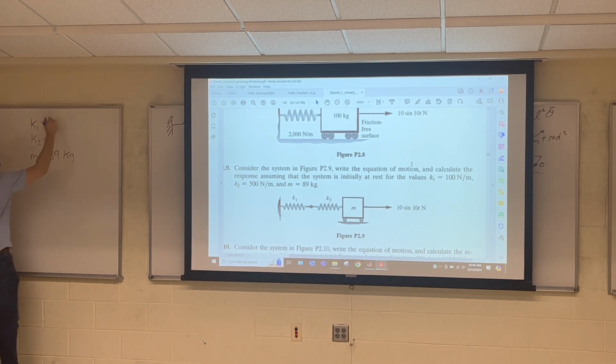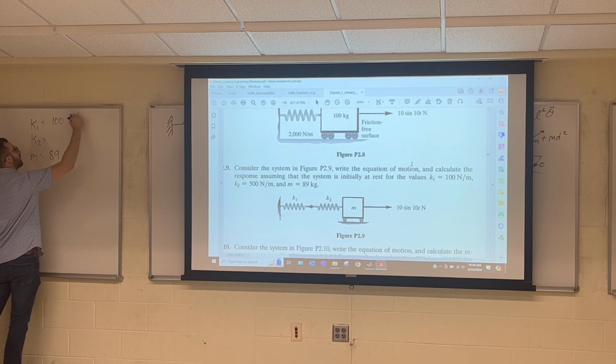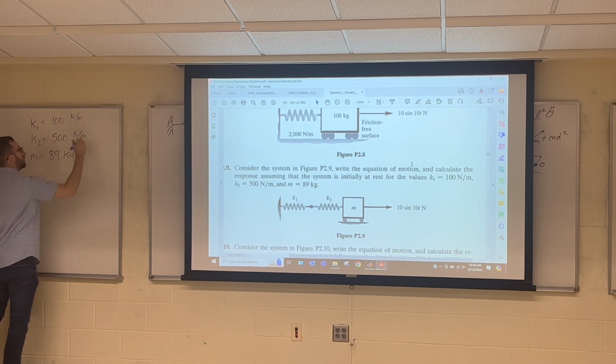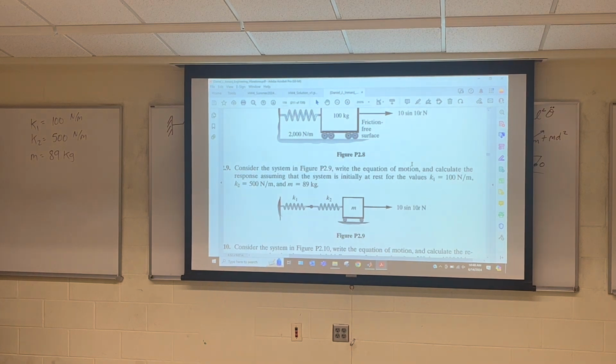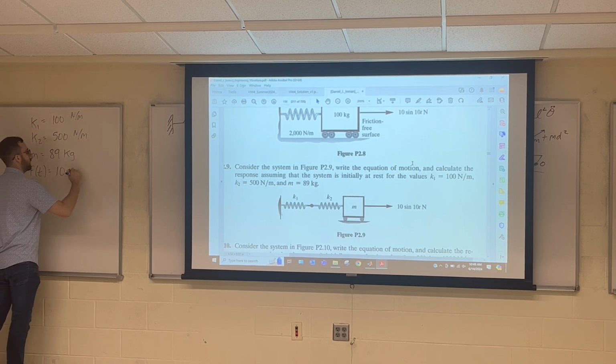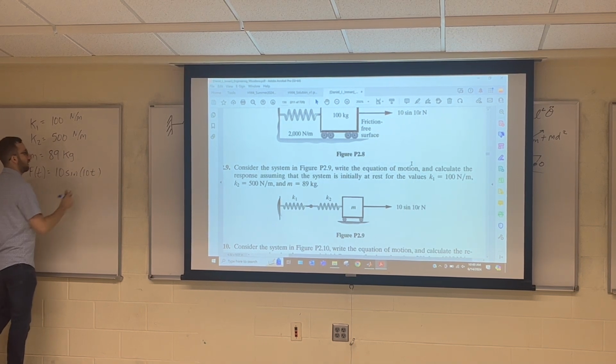K1 is 100 newtons per meter, and then K2 is 500 newtons per meter. And it was 10 sine of 10t. That's our f of t.